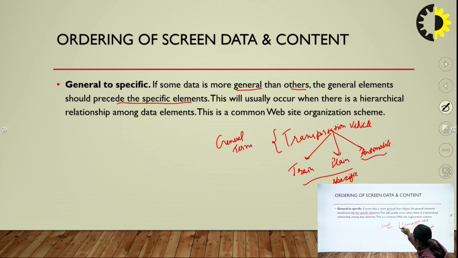So we have to go from general to specific. This will usually occur when there is a hierarchical relationship between the data elements. Common website organization schemes generally use this general to specific approach, okay. At first when you visit any type of website, the first interface will show the general information and based on that general information you will go for the specific.